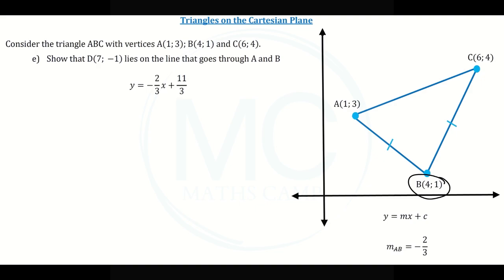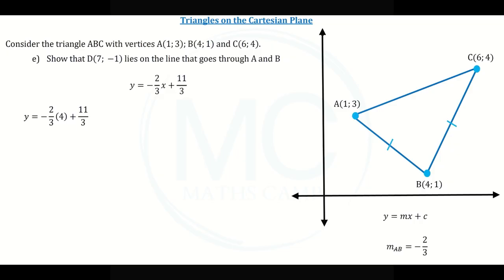So if we substitute the x coordinate of B into the equation, we should find the value of y to be the y coordinate of B. B has an x coordinate of 4, so we can say y is equal to negative 2 over 3 multiplied by the x coordinate 4 plus 11 over 3.